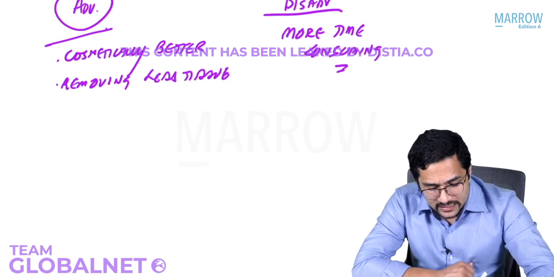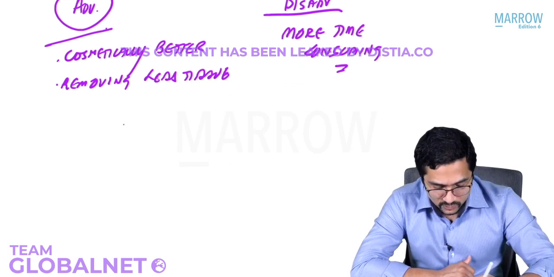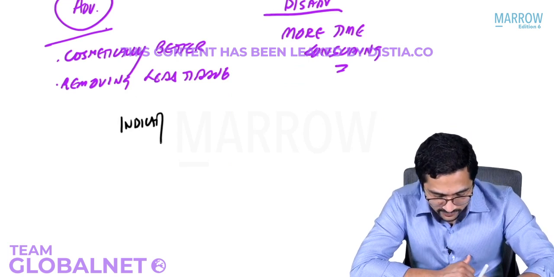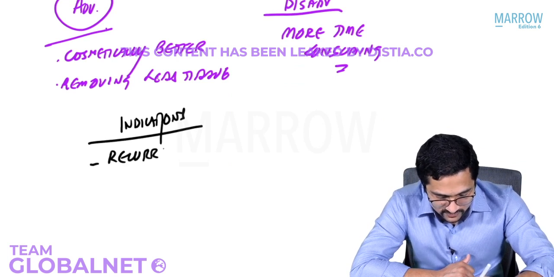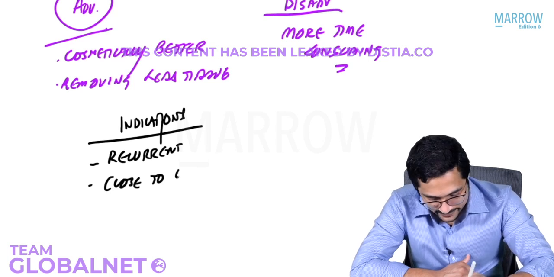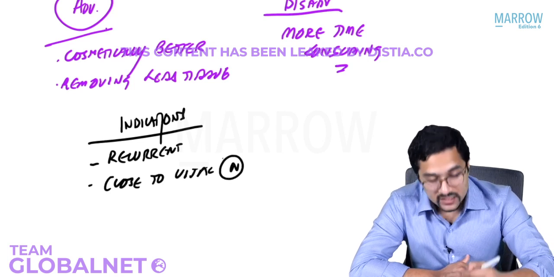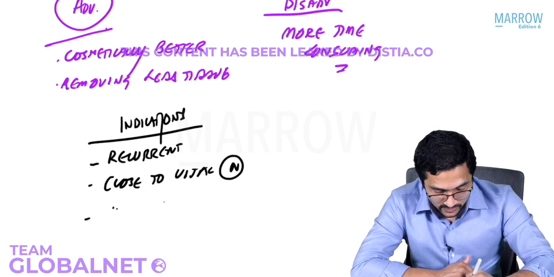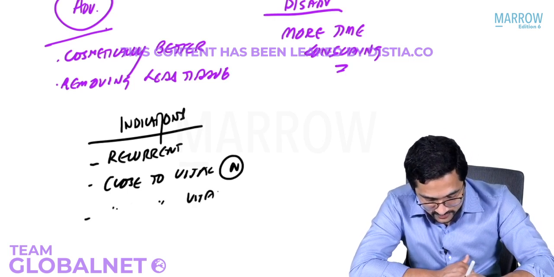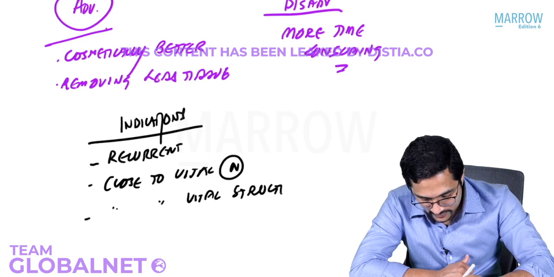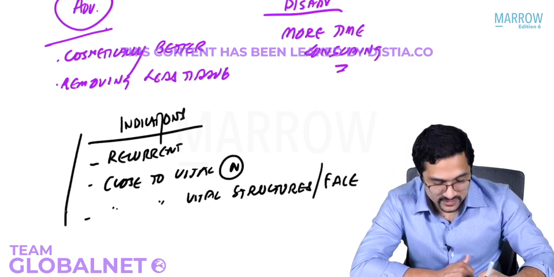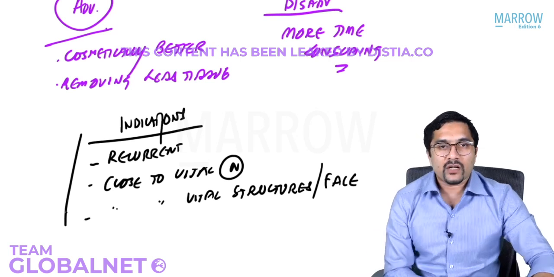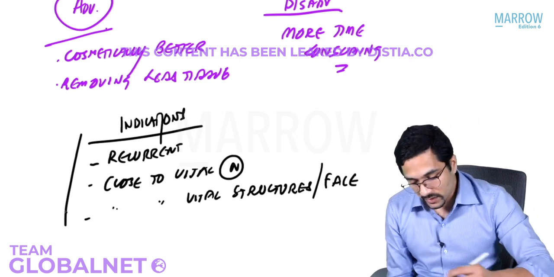Now, where exactly do we do Mohs micrographic surgery? The indications are if there are recurrent lesions, if the lesions are close to vital nerves where I can't just cut blindly, if they are close to vital structures, or if they are present over the face. These are the places where cosmesis is also important, and we carry out Mohs micrographic surgery.